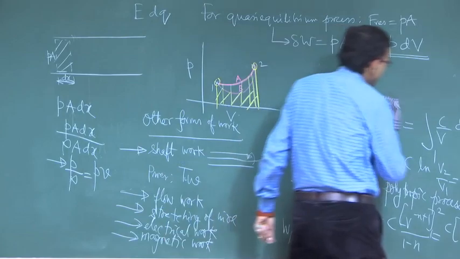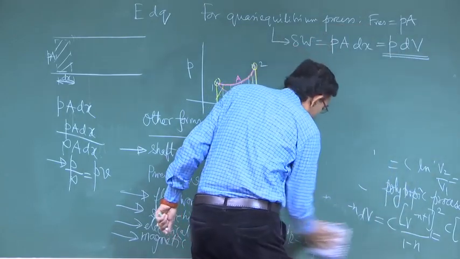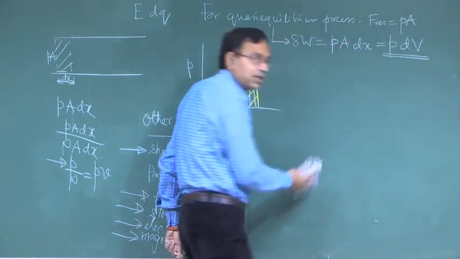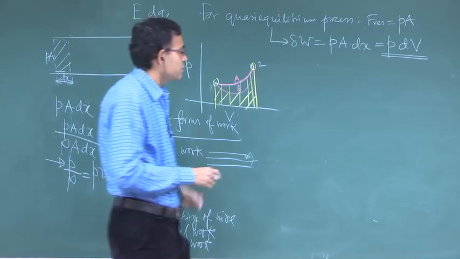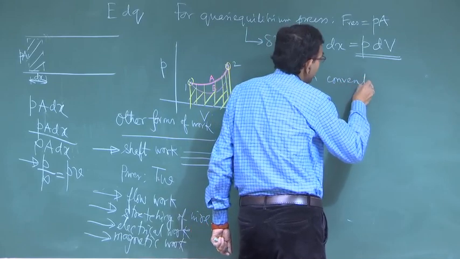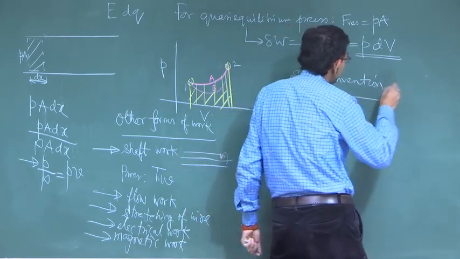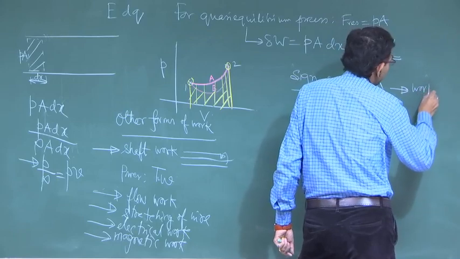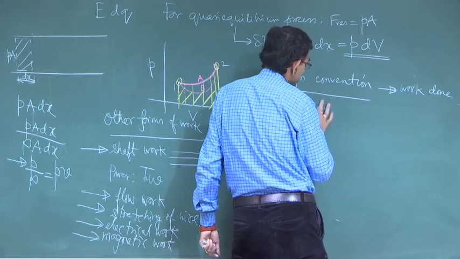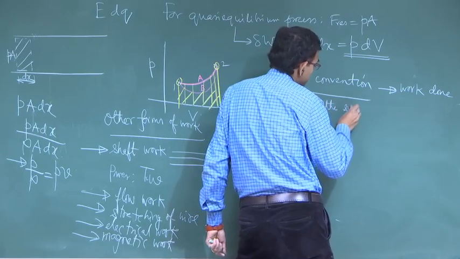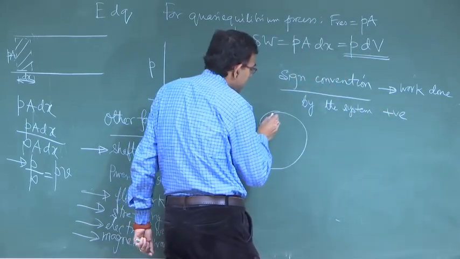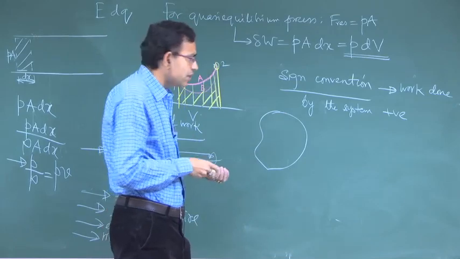Next, very briefly, we will discuss the sign convention for work, because work is an algebraic quantity, it should either be positive or negative. The sign convention that we will follow throughout this course is that work done by the system is positive. So, if there is a system like this and it does work, then what will happen?